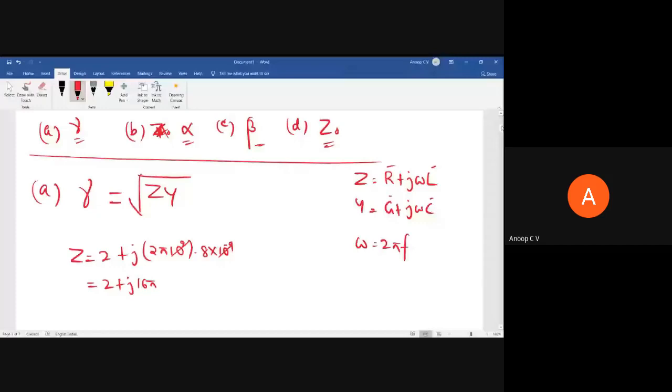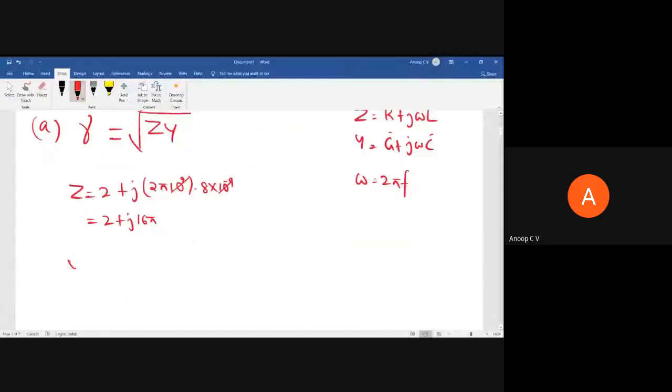Y will be, capital Y is G plus j omega C, where G is 0.5 millimho per meter. So it is 0.5 into 10 power minus 3, plus j 2 pi into 10 power 9, that is 2 pi f, into C, which is 0.23 picofarad. Is picofarad 10 power minus 12?